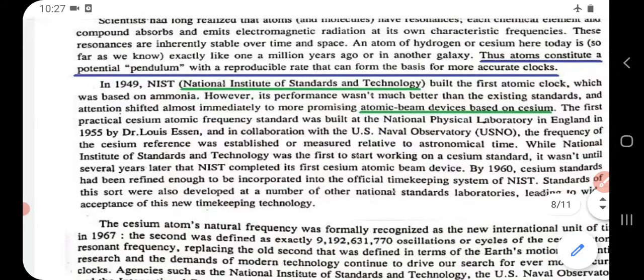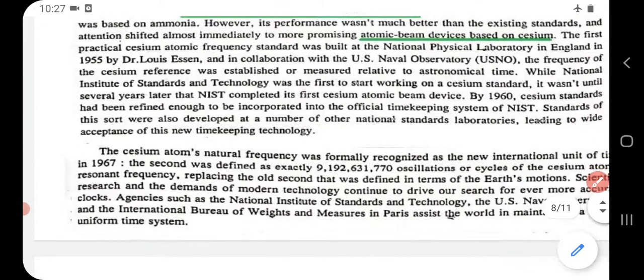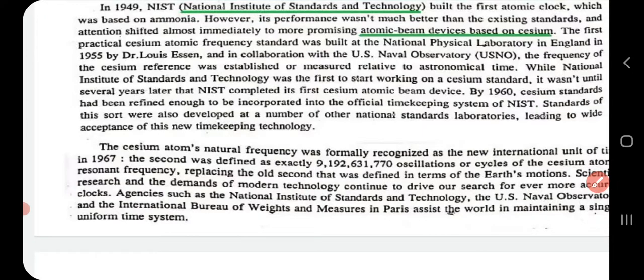So that is just the theory, or the background, or the history behind the development of atomic clocks that I think you can read and just note down the important points, like the institutions that have developed the clocks or the institutions that put forward such calibrations and all.